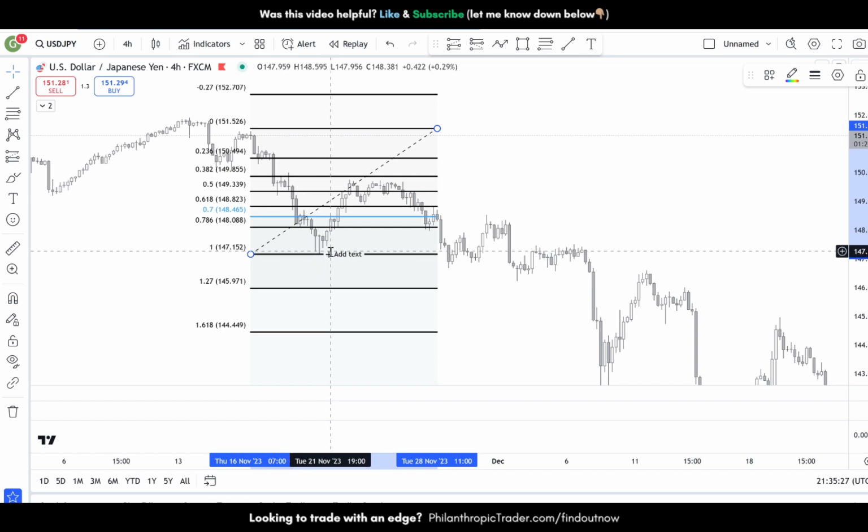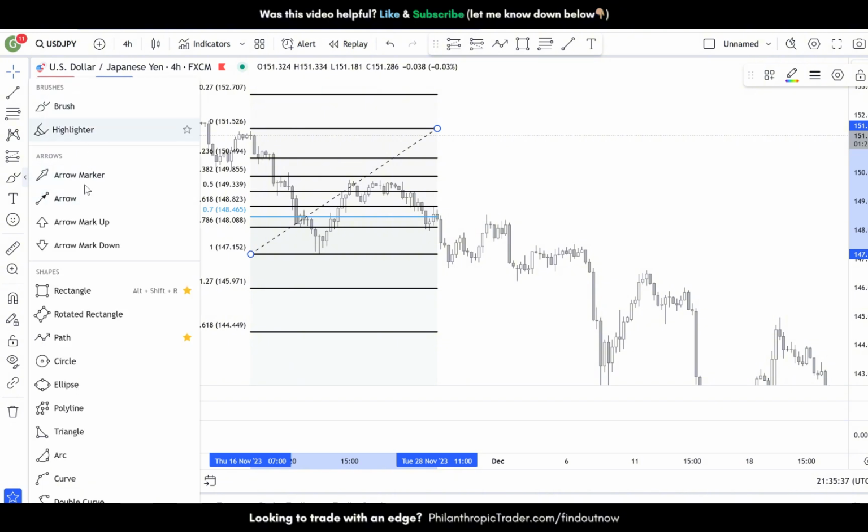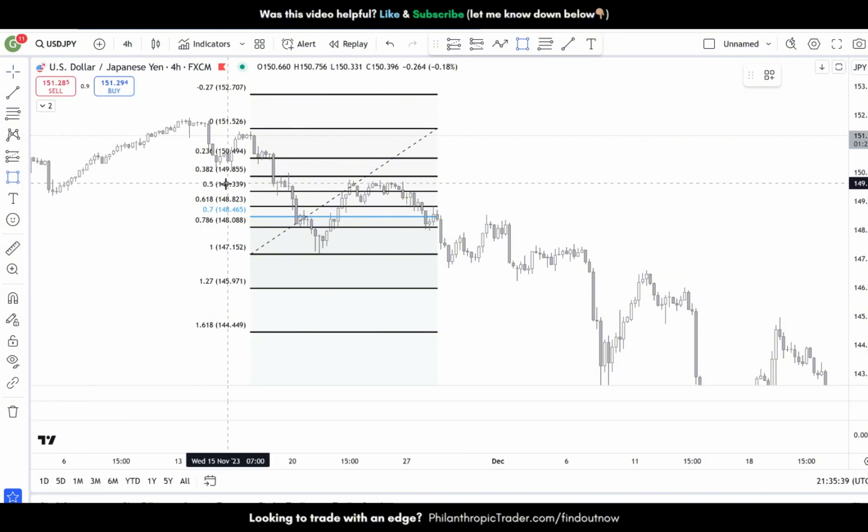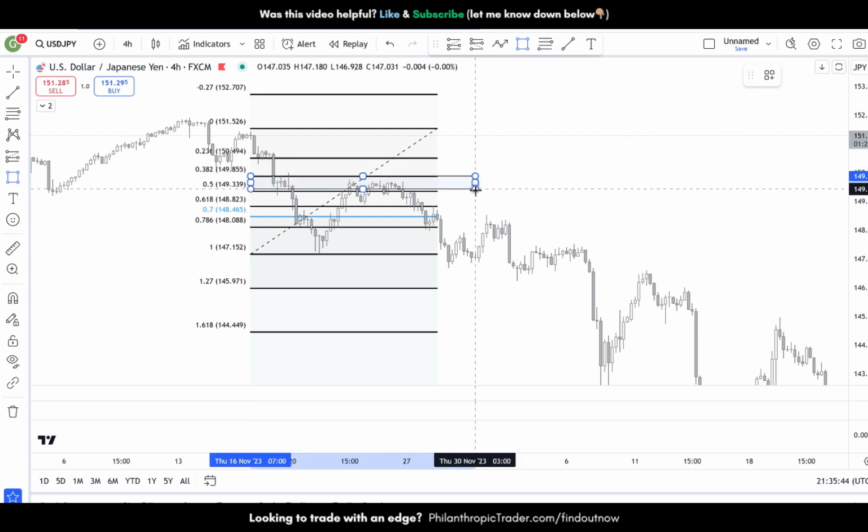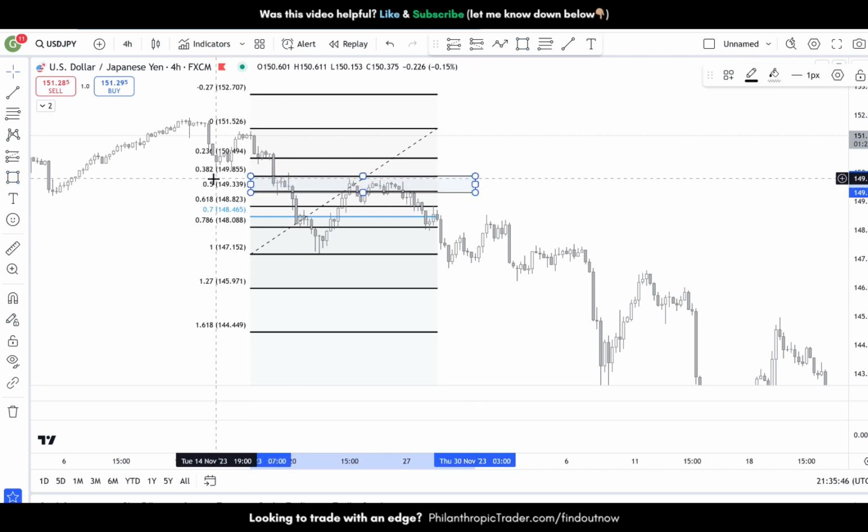What we immediately see is a move to the downside. We see price makes a pullback, and let me grab the rectangle. We see over here, between the 50 and the 0.38 level, that price basically stops going upwards.